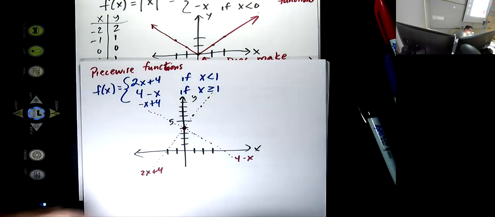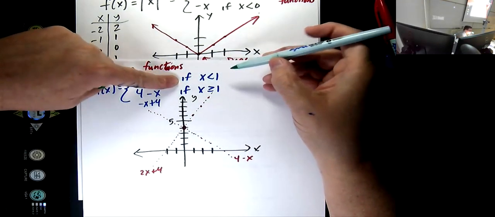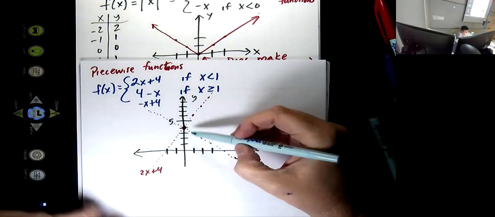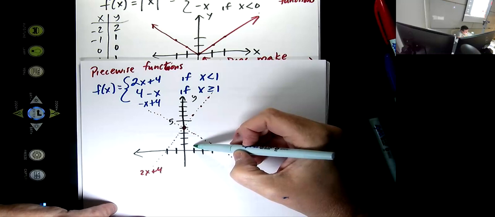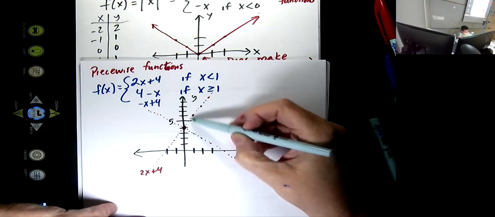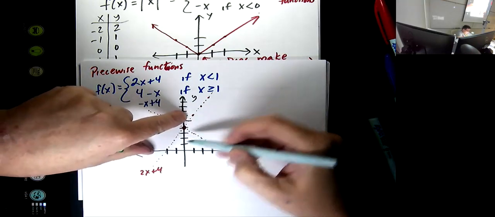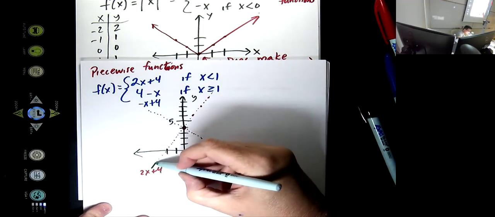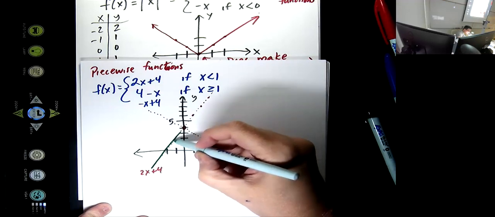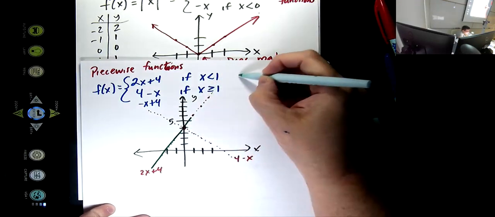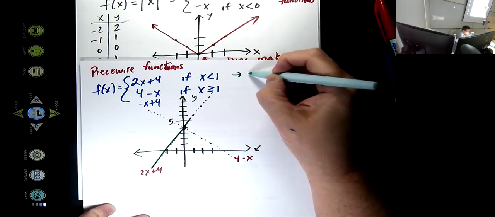Alright, so 2x plus 4 is only valid when x is less than 1. X is less than 1 is right here. So 2x plus 4 is valid for values less than 1. And when I get up to the 1, it does not have the equal portion, so I'm gonna put a circle at 1.